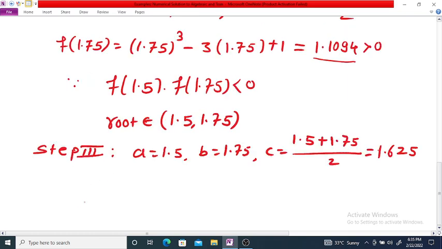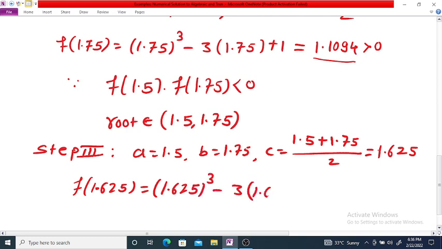Now f of 1.625 is equal to 1.625 cube minus 3 times 1.625 plus 1. If we simplify this, it is equal to 0.416, and again it is greater than 0. Now f of 1.75 is also greater than 0, and this is also greater than 0.